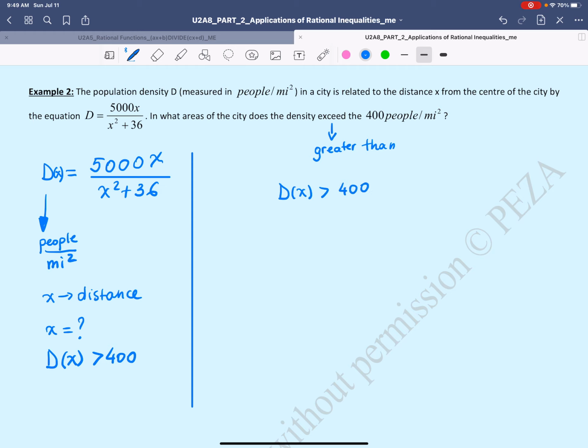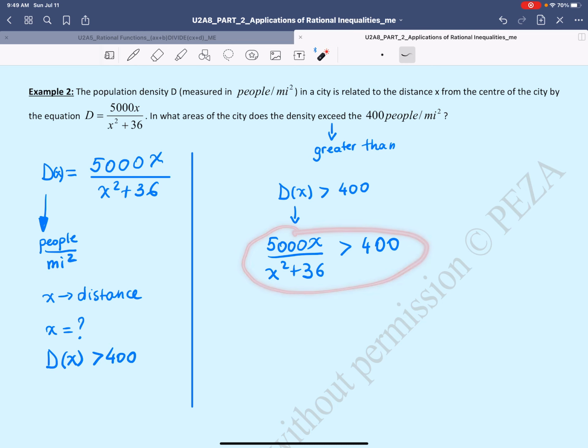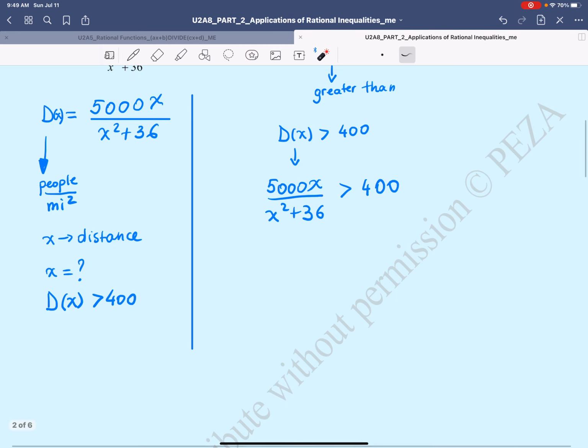It means that another expression for d of x is 5000x divided by x squared plus 36, bigger than 400. So when I take another look at this step in the solution, I see an inequality. And I know how to solve an inequality because the steps are well structured, and we went over inequalities in the lesson before applications. So I'll start solving the inequality.